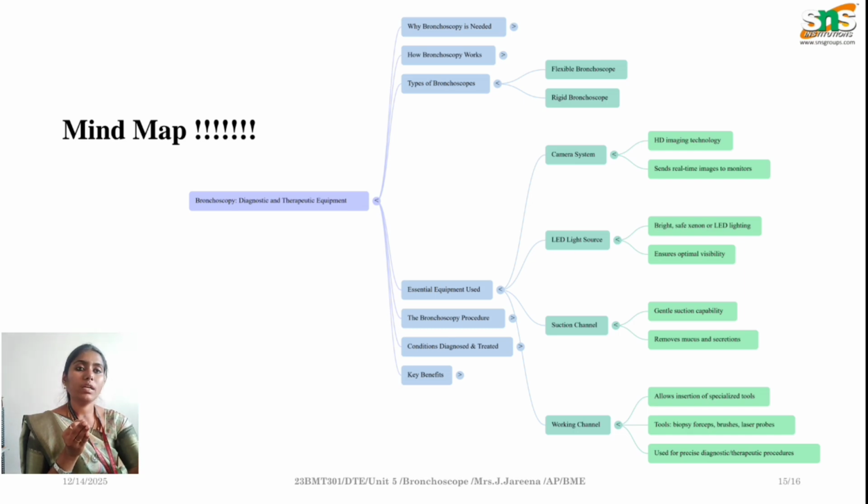Then we got to know what type of solution is expected by people like patients and doctors. And then we discussed how bronchoscopes come into the picture. Then slowly we moved on to the types of bronchoscopes, the working principle, the benefits, the procedure, and so on. So that's all about today's class.